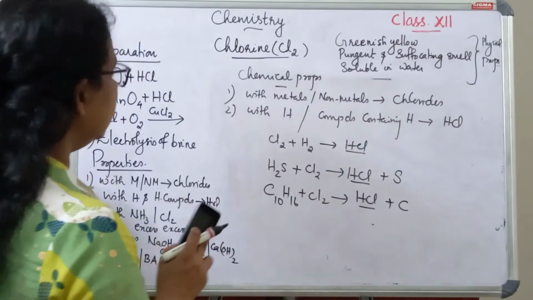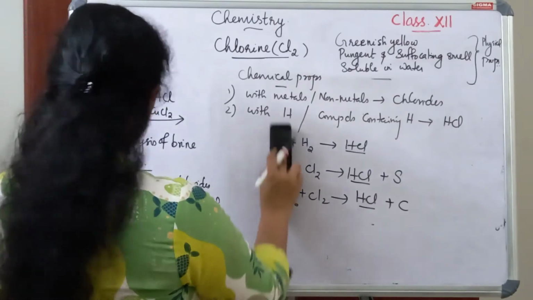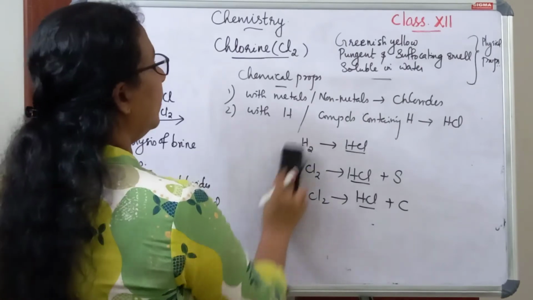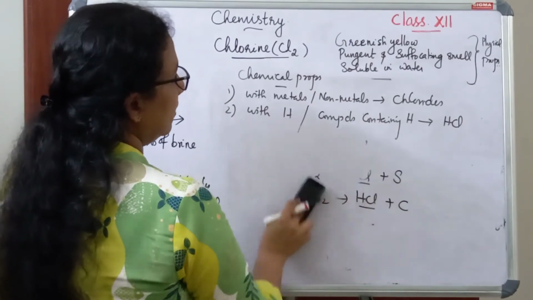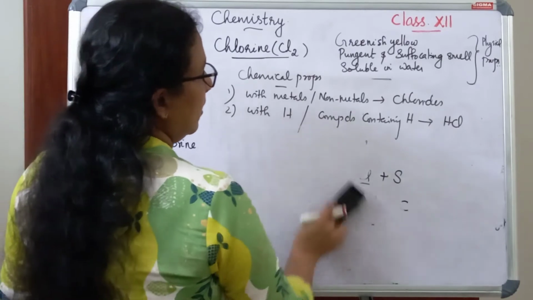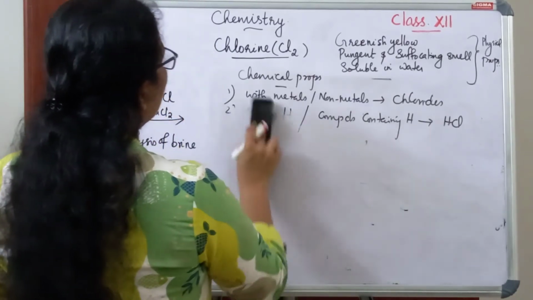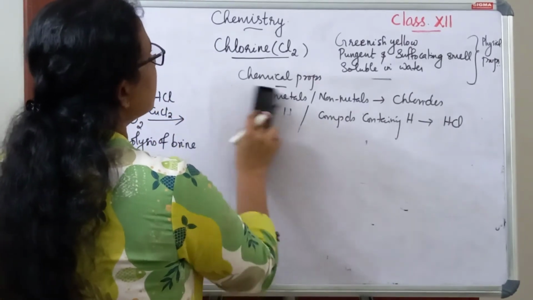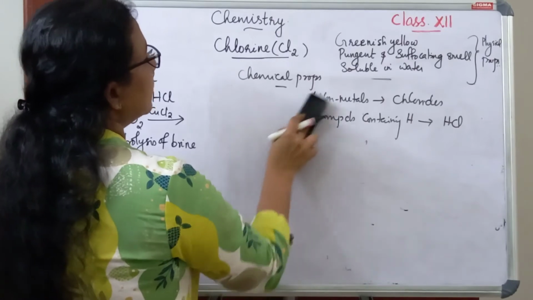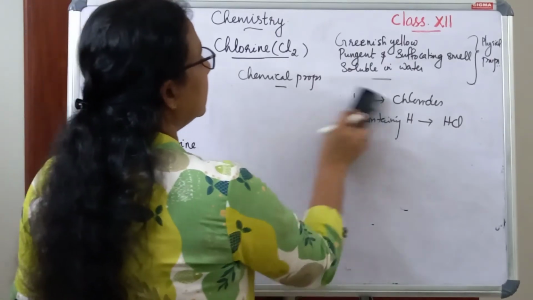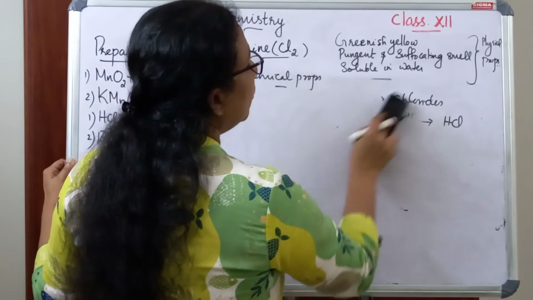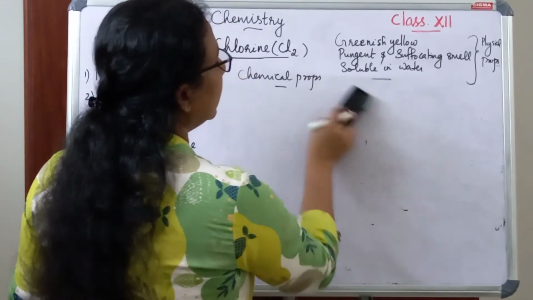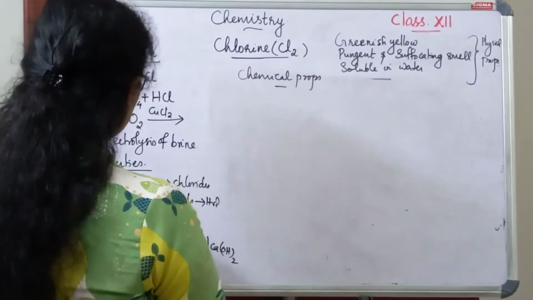Now let's see another chemical property, that is with ammonia. So chlorine reacts with ammonia to produce some products. In this case we need to check the amounts of ammonia and chlorine to be taken.